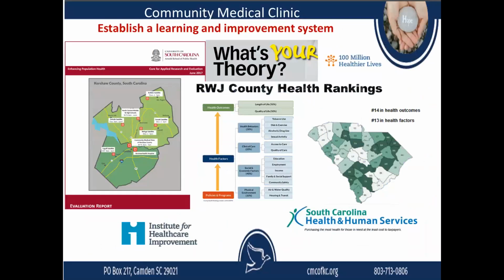We also do our own evaluations and reporting. And when we got this big grant, there was a lot of rigor to collect data and report back what that is. And we became part of the 100 Million Healthier Lives. And so we just learned that it's okay to be innovative and fail forward and things don't happen, but we couldn't do it unless we felt comfortable enough to really understand what those frameworks were.